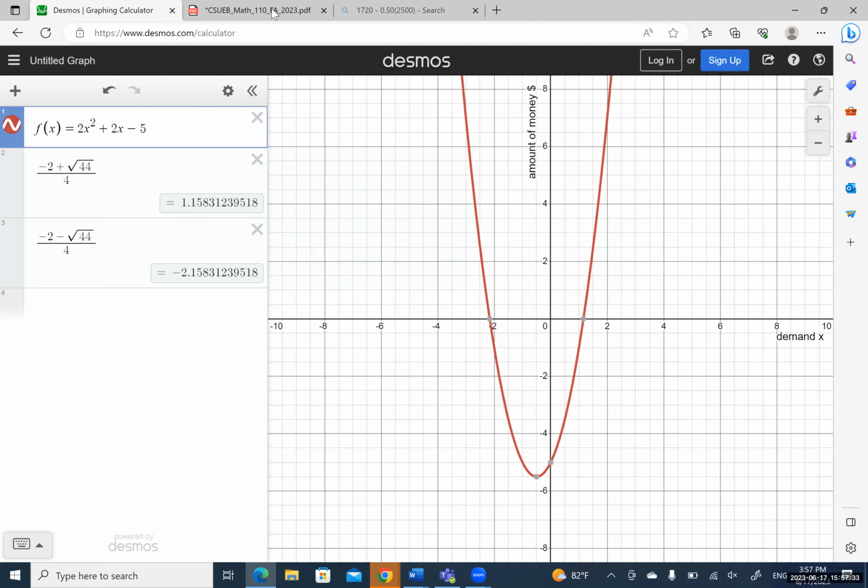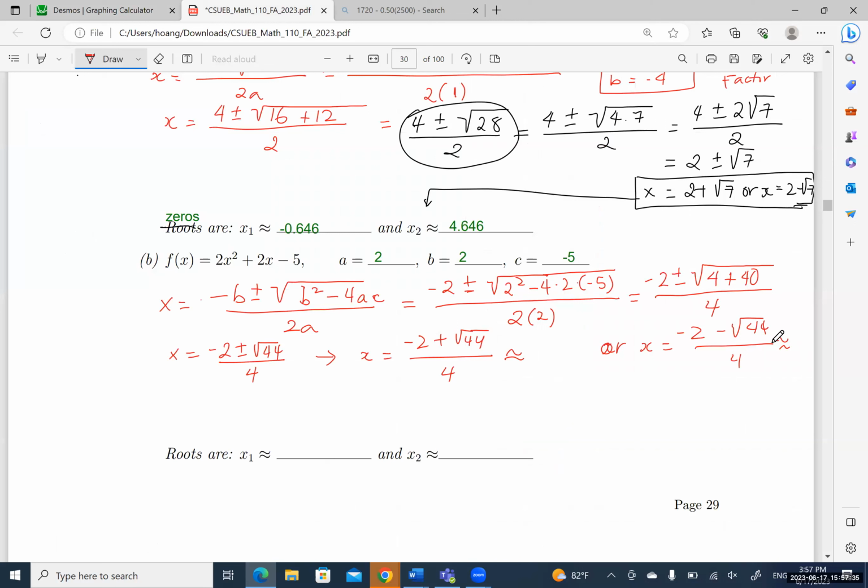Okay, so the two zeros are -2.16 and 1.16. So that's going to be it.